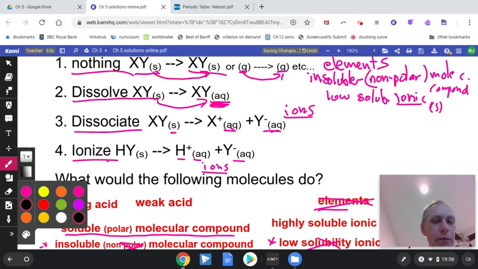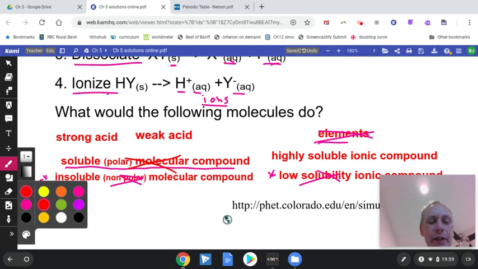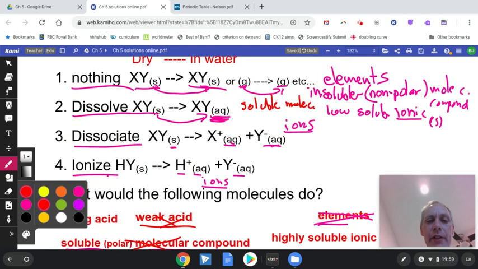Let's go red. Soluble molecular compounds will dissolve. And the second one you probably don't know, and that's weak acids. Weak acids also dissolve, but they don't ionize. They ionize a little bit, but less than 50%.